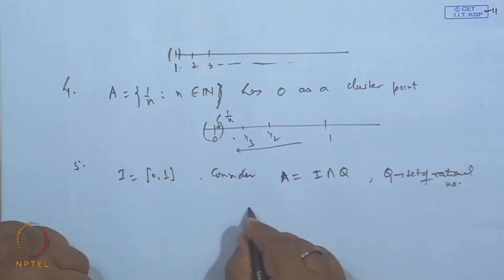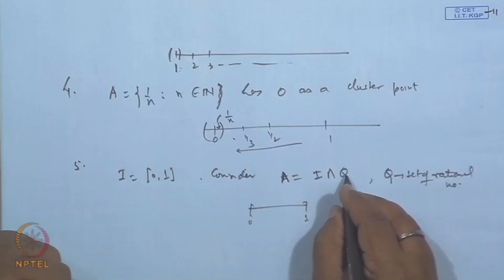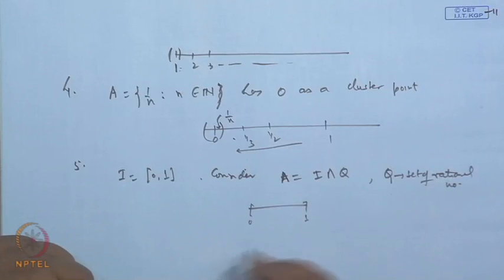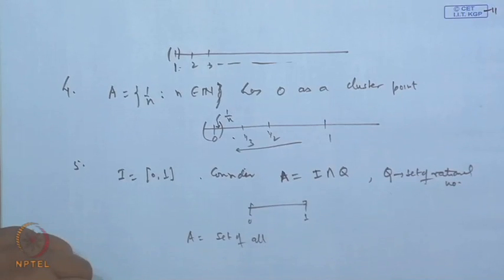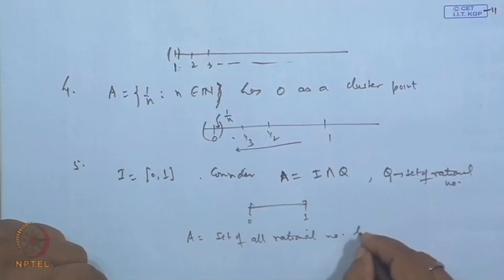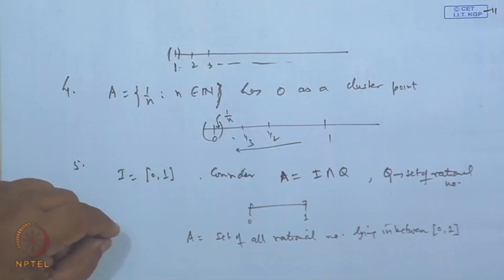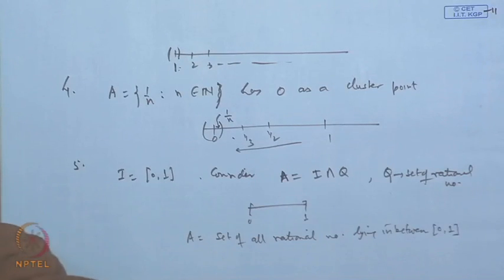It means the interval [0, 1] is chosen, and then from there you are finding the intersection with Q. So, A is the set of all rational numbers lying in between 0 and 1, in this closed set [0, 1].